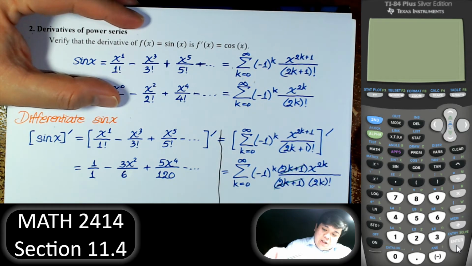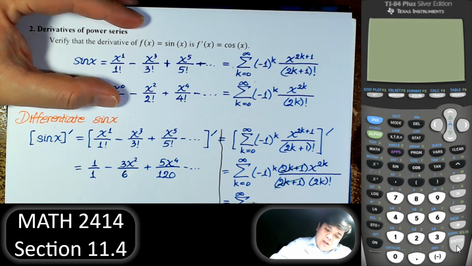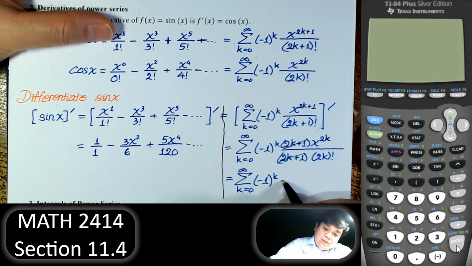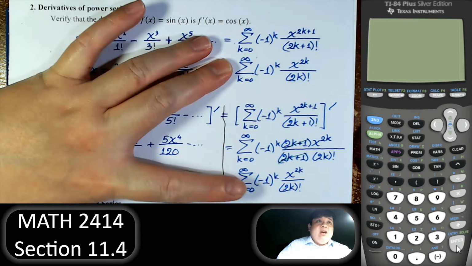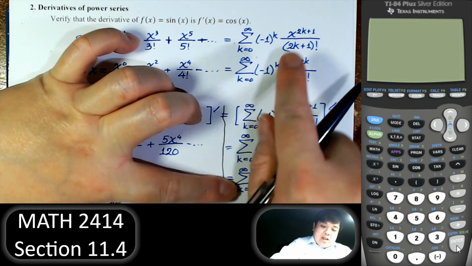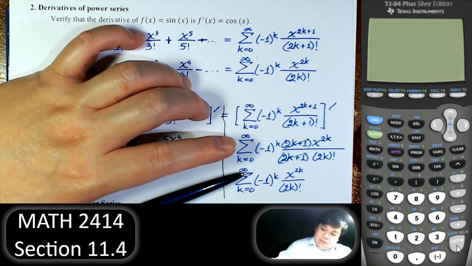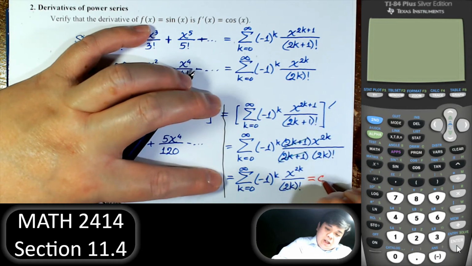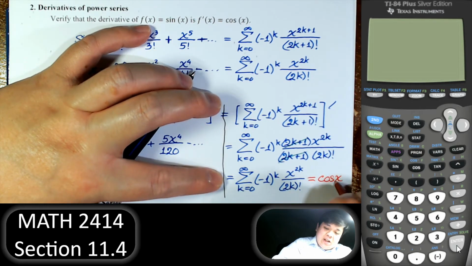Those cancel out, and we end up with this. Notice everything else will stay the same because there's no x in it. Now if we compare in the summation form, this is exactly equal to the series for cosine of x, which is good.